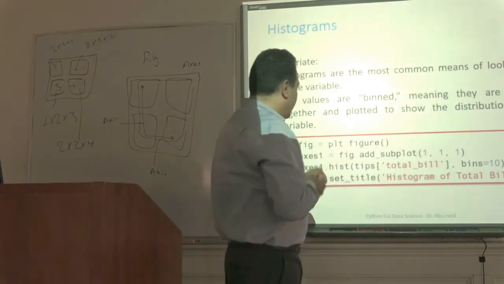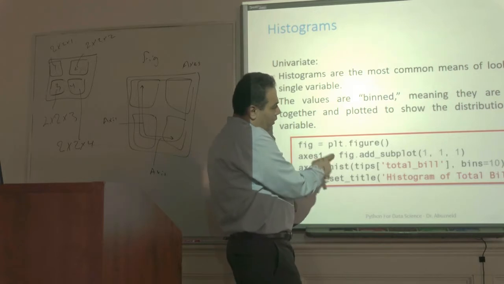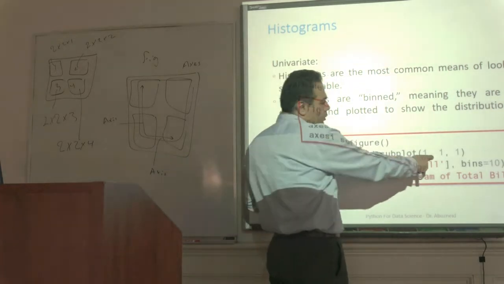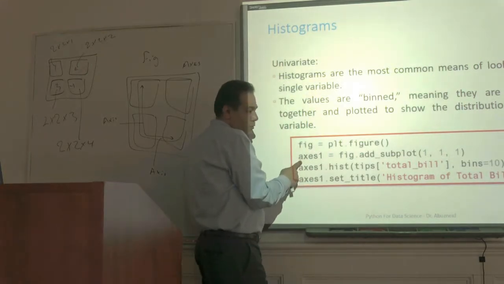So what I did here: I'm going to the figure and telling it, for this figure, I'm adding a subplot at this location, and I'm calling it axes 1.